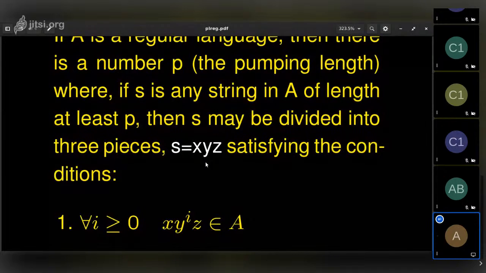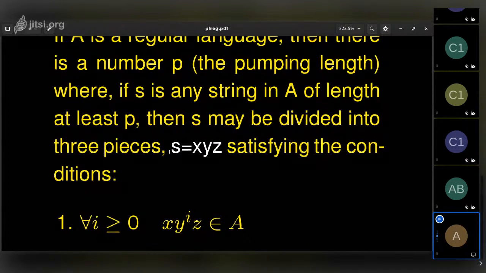If S is any string in A of length at least P, then this property is satisfied by any string belonging to a regular language of length at least the pumping length P. For smaller length, this directly won't apply. If you take any string of length at least P, then that string should obey this property.